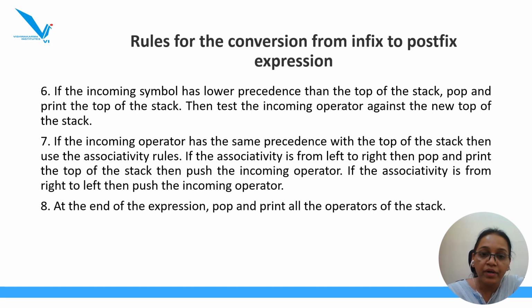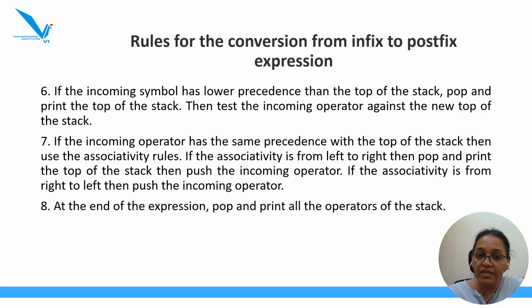If the incoming operator has the same precedence, that means we have the plus operator on the top of the stack and the incoming operator is also plus or minus, both at the same precedence level, then use the associativity rule. So incoming is plus, on the top is plus, both of the same precedence, then you have to check whether they are left associative or right associative.